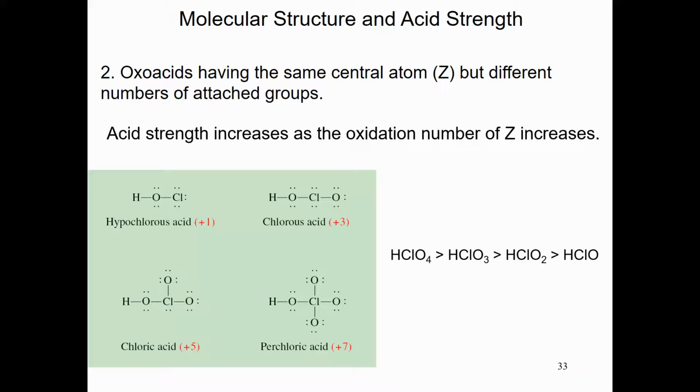The more oxygens I have will change it. So what is the oxidation number of the chlorine in this molecule right here?